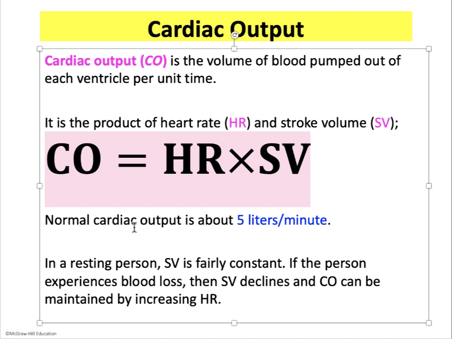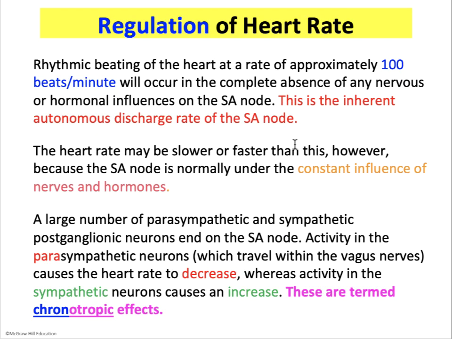So the normal cardiac output, as we discussed earlier, is 5 liters per minute for a resting adult male. Interestingly, if the heart is taken out of the body and all the connections to it are removed in terms of the nerves and the hormonal control, we find that the automatic rate at which the SA node will fire is 100 beats per minute.